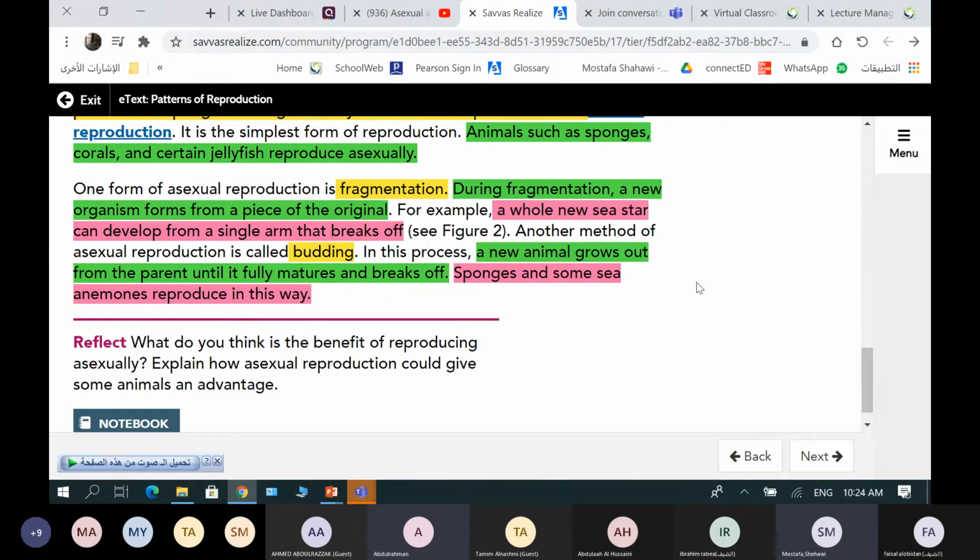For example, a whole new sea star can develop from a single arm that breaks off. Another method of asexual reproduction is called budding. In this process, a new animal grows out of the parent until it fully matures and breaks off. Sponges and some sea animals reproduce in this way.